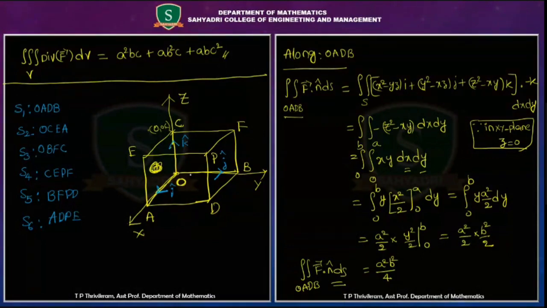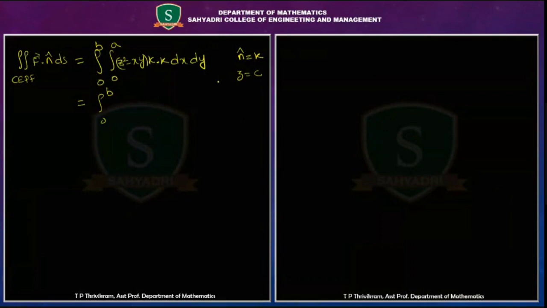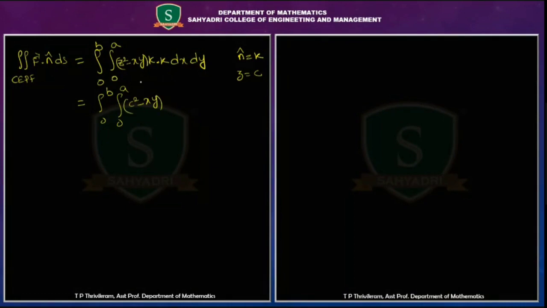Previously we have taken Z is equal to 0, but now we have taken Z is equal to C. That means the side is upper, they are having some height. So that height is nothing but Z equal to C here. So integral 0 to a c square minus xy, k dot k value will be 1.